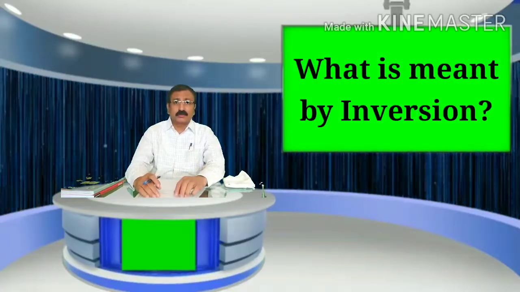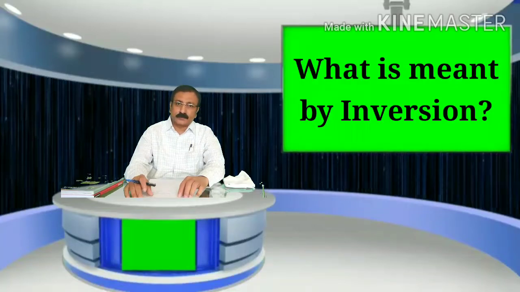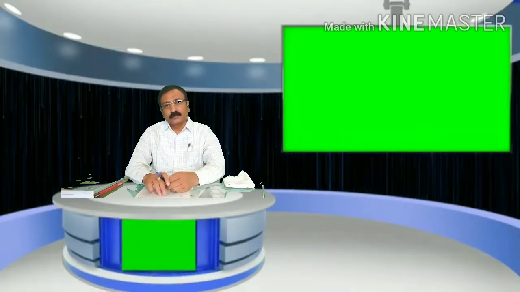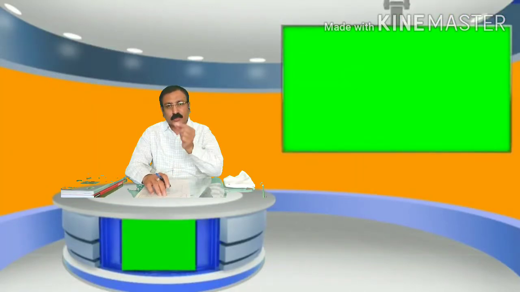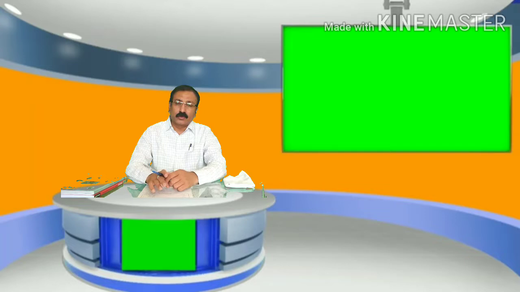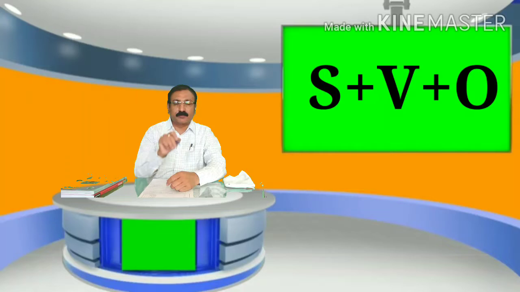Now let us focus on what is meant by inversion. As we know, in each language the sentence has a definite order of words. The sentence is constructed with a definite sequence of words. For example, in the English language, we have the standard pattern of the sentence: subject plus verb plus object.